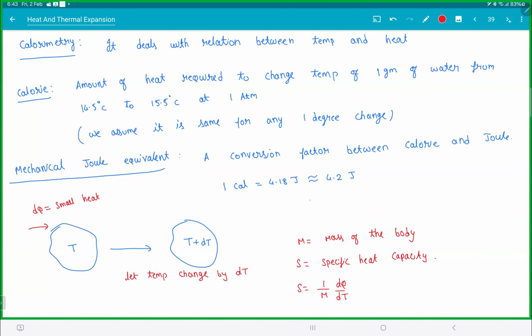The actual formula is this. dq is proportional to dt, so dq is equal to ms dt. So delta q will be integral ms dt. So if mass and S are also changing with temperature, you have to be careful.